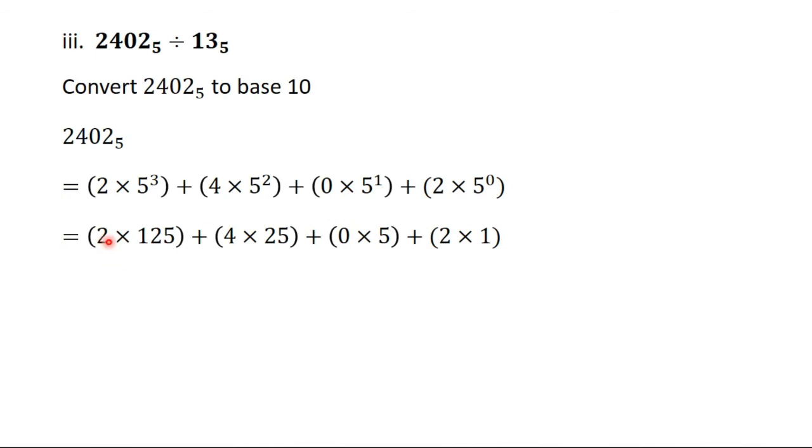So we are going to have 2 times 125 plus 4 times 25 plus 0 times 5 plus 2 times 1. 2 times 125 will give us 250, 4 times 25 will give us 100, 0 times 5 will give us 0, and 2 times 1 will give us 2. You add everything here and you are going to get 352. So we can say that if you convert 2402 base 5 to base 10, you are going to have 352. Then you now convert 13 to base 5.